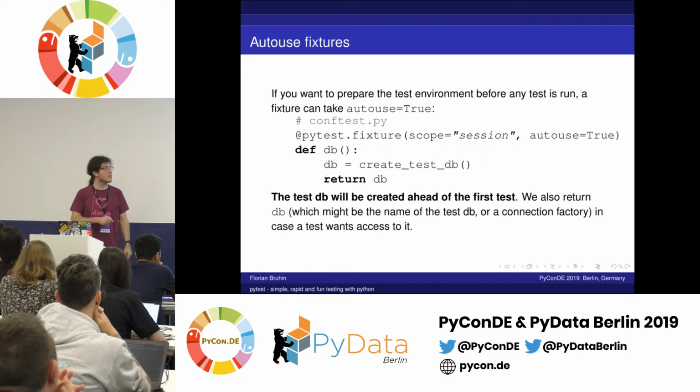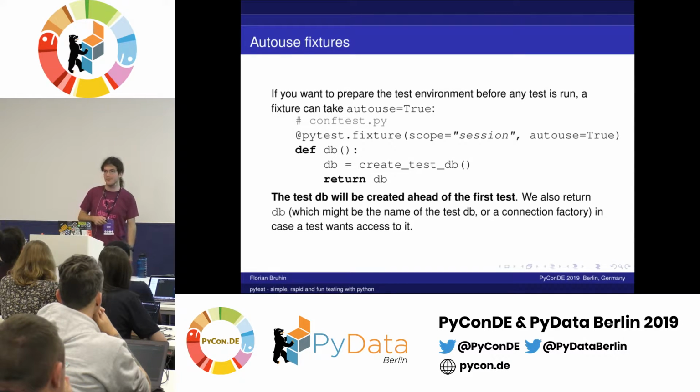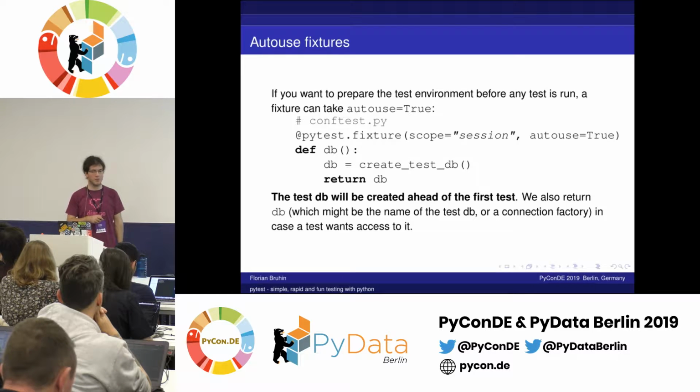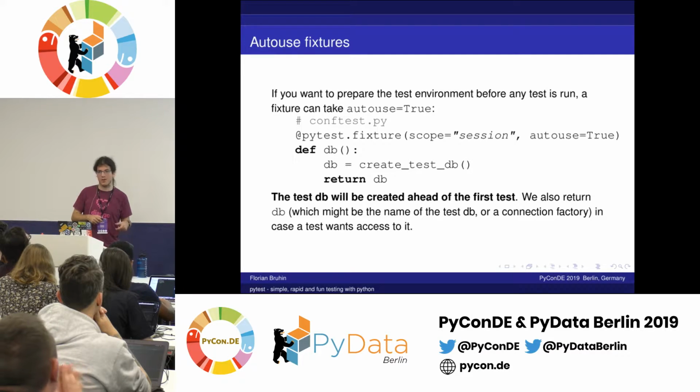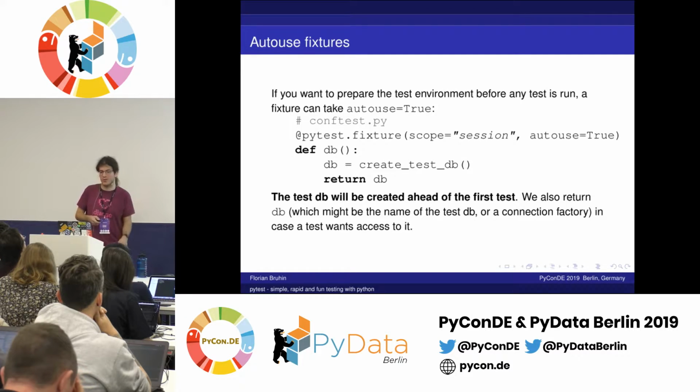Now what you can do is pass autouse=True to pytest.fixture. And PyTest will automatically use that fixture for, like here, the whole session, or use it for every test without having to explicitly request it. You can still return a value and then use it maybe in some tests, but you don't have to. You don't have to have a db argument for it to be used.